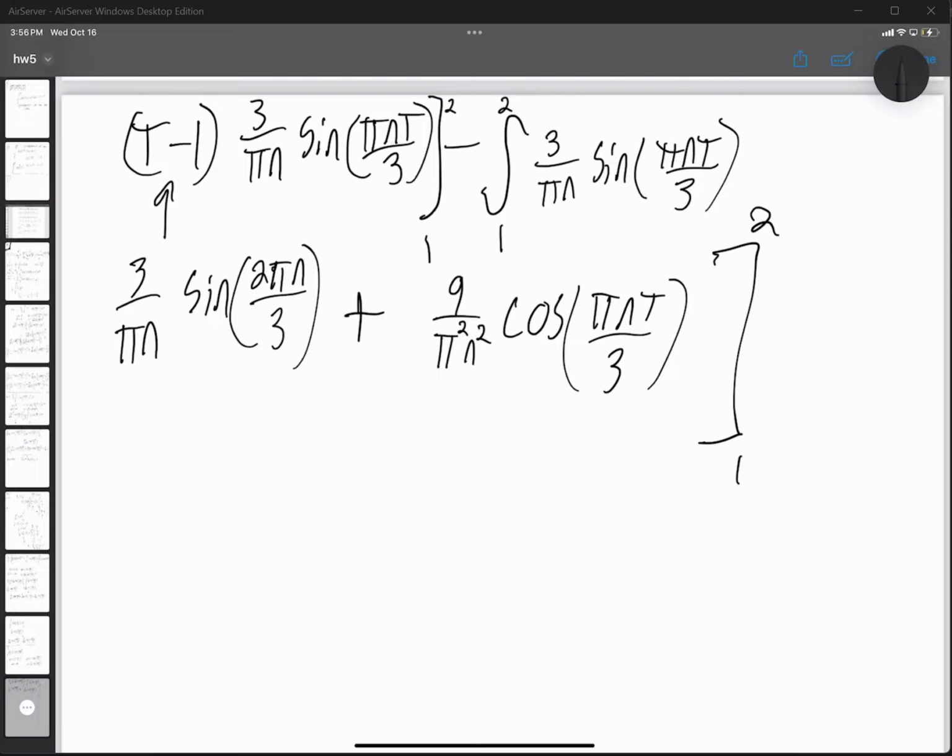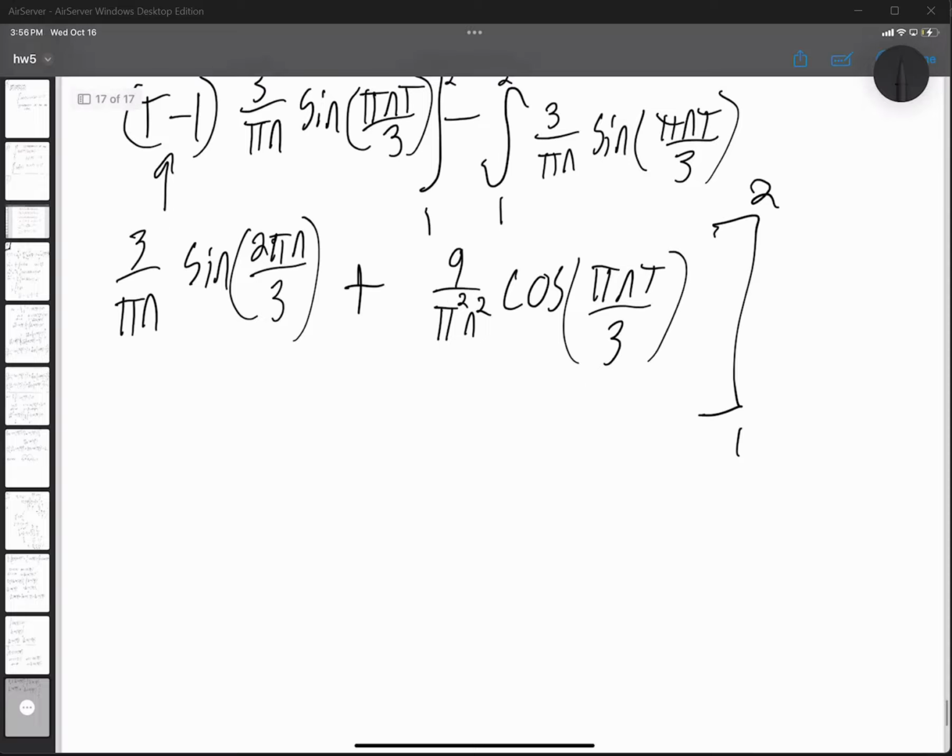We'll plug in the boundaries. Yeah, they'll both exist, so there'll be a term for 2 and 1.